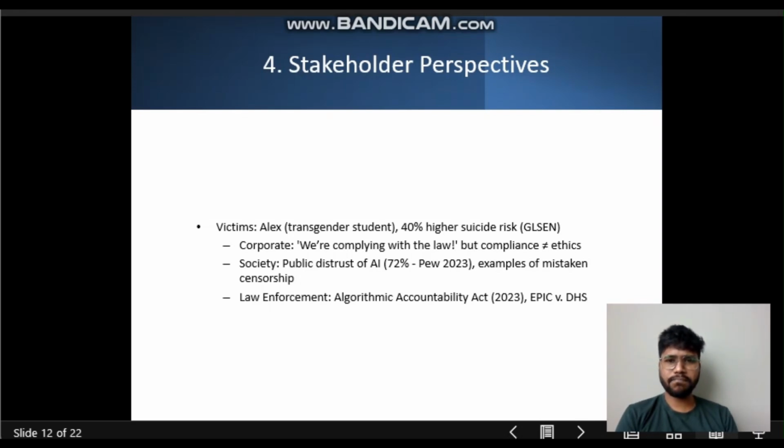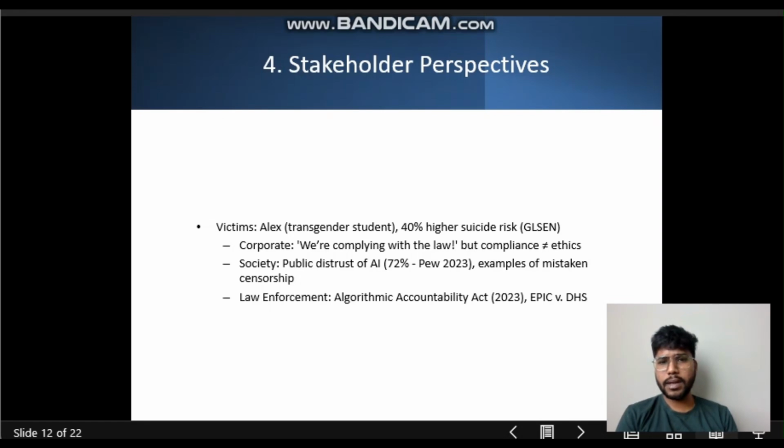So, what could Blocker Plus have done differently? Think about it. They could have adopted transparency reports detailing what content was blocked and why. They could have engaged with stakeholders, teachers, students, and other groups to ensure their systems met ethical standards.